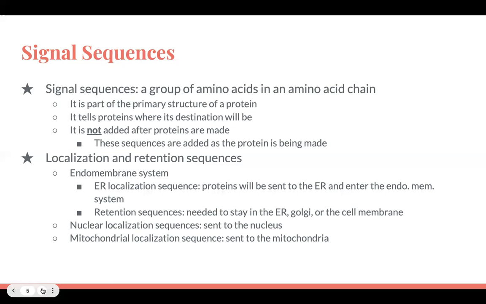And retention sequences mean that if a protein needs to stay inside of the ER or the Golgi or be embedded in any cell membrane, it needs its retention sequence in order to stop along its way. Some other localization sequences include nuclear localization, meaning proteins made in the cytosol will be sent to the nucleus, and mitochondrial localization, which, surprise, surprise, goes to the mitochondria.